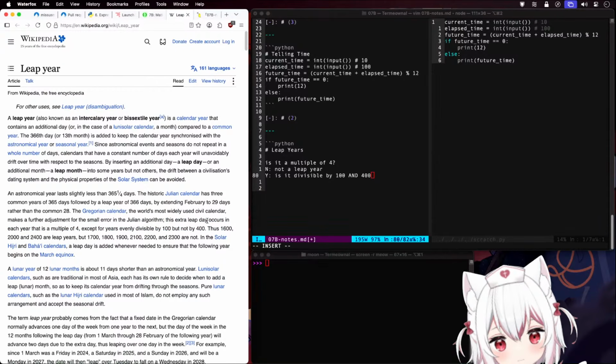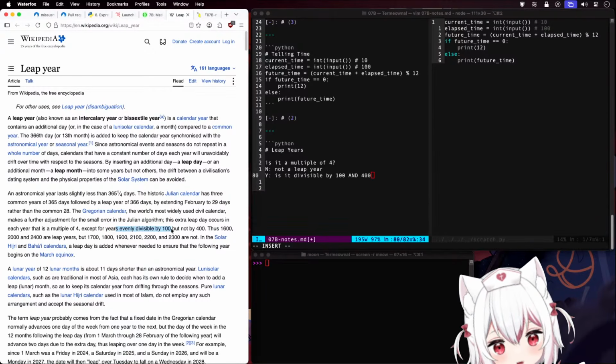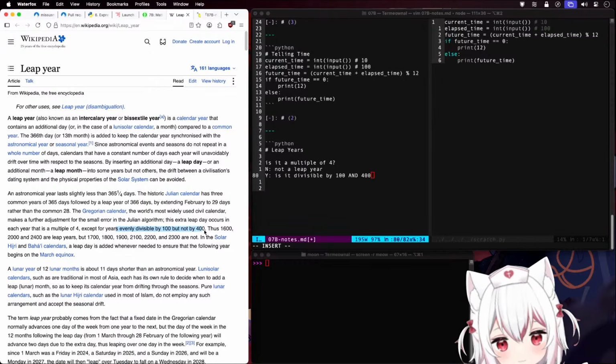This extra leap day occurs in each year that is a multiple of 4, except for the years that are evenly divisible by 100, but not by 400.